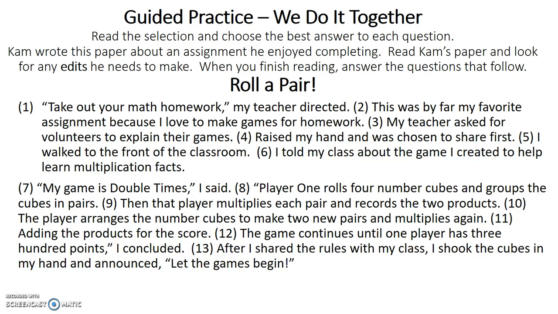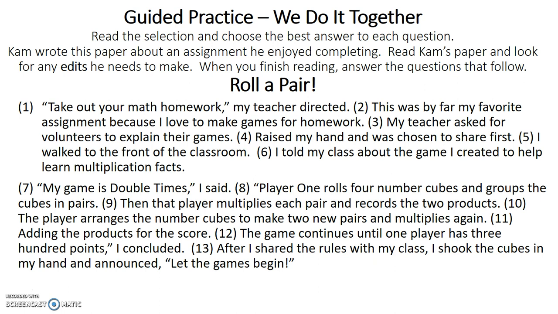Sentence 7. My game is double times, I said. Player 1 rolls 4 number cubes and groups the cubes in pairs. Then that player multiplies each pair and records the 2 products. The player rearranges the number cubes to make 2 new pairs and multiplies again, adding the products for the score.